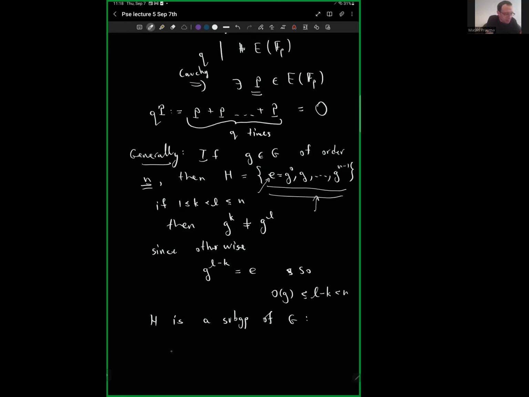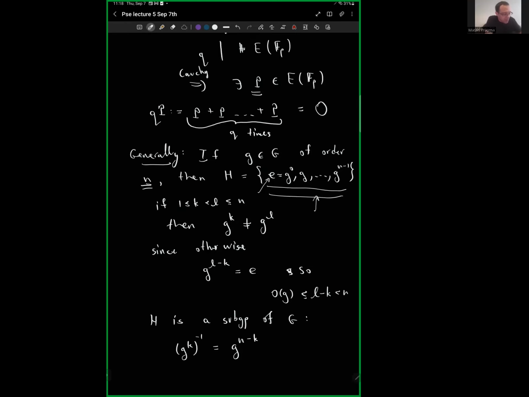And just to check the inverse, what is the inverse of g to the k? This is going to be g to the n minus k. Because if you multiply g to the n minus k and g to the k, you get g to the n, which is by assumption the neutral element e.